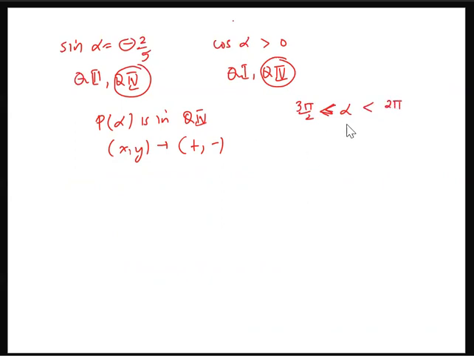So if we are going to divide this by 2, that means alpha over 2 will be between 3 pi over 2 divided by 2, which is 3 pi over 4, and 2 pi divided by 2 is pi. So if an angle is between 3 pi over 4 and pi, that means the angle is in quadrant number 2. So that indicates that alpha over 2, or the terminal point of alpha over 2, is in quadrant 2.